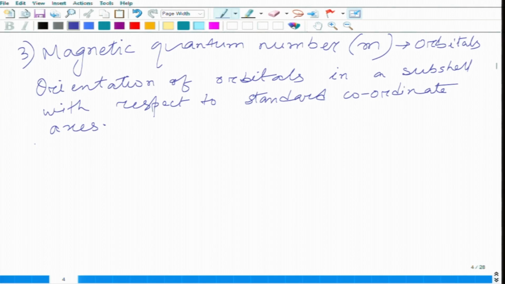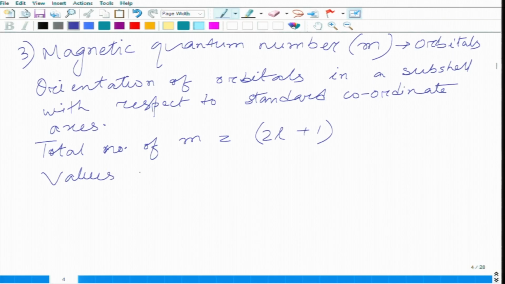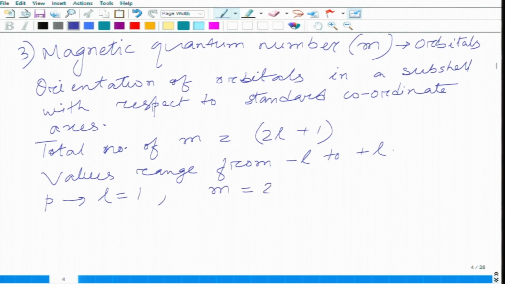The total number of magnetic quantum numbers will be 2L plus 1, and the values will range from minus L to plus L. We had seen that for p, since L equal to 1, the total number of M will be 2 into 1 plus 1, that is 3.